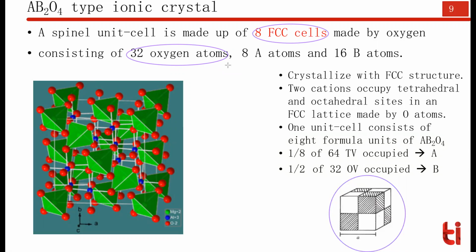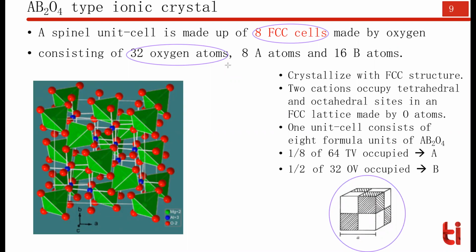So only 1/4 of the atoms occupy the A side corresponding to the oxygen side, because if oxygen is 4, then A is 1. So my question is, if oxygen are 32 in number, how many atoms will be at A side? The ratio of A to oxygen is 1 is to 4 and oxygen is 32. So how many A's?